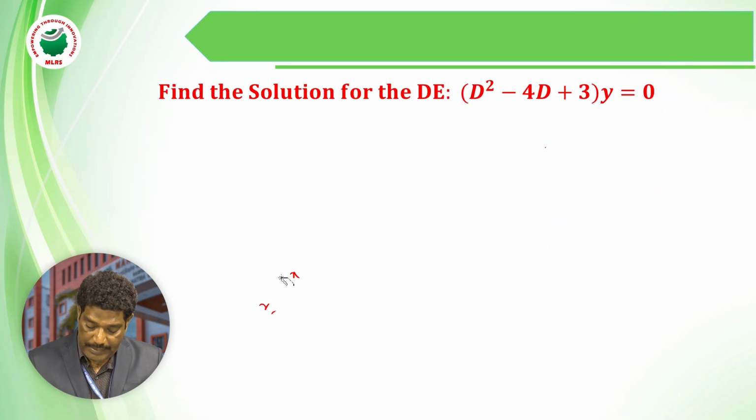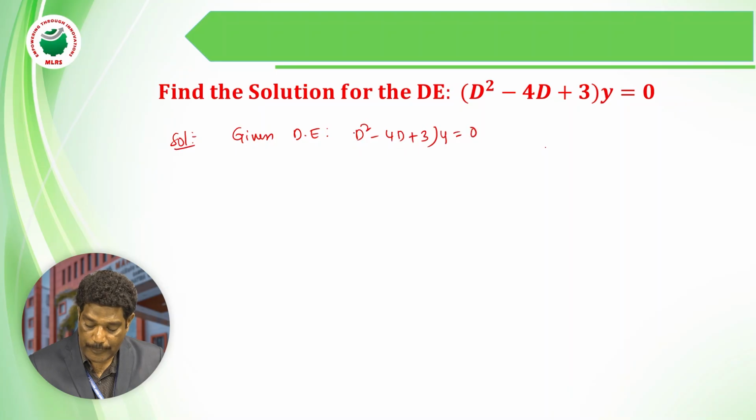Okay, so the given differential equation is (D square minus 4D plus 3) y equals 0. Now I am writing the notation f of D into y equals 0.